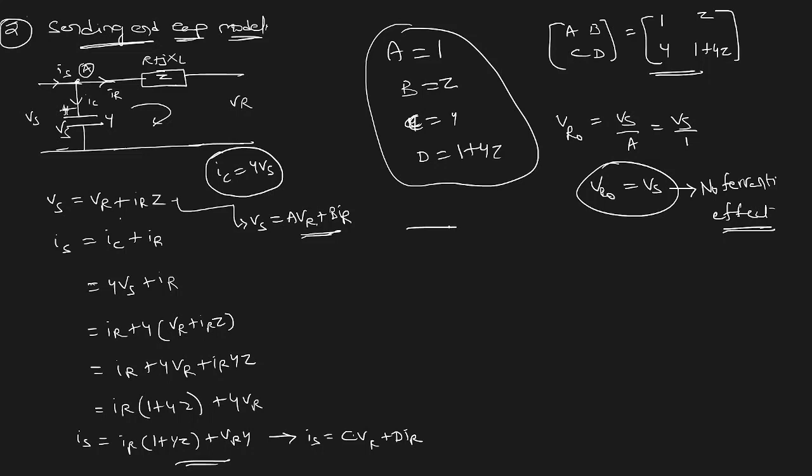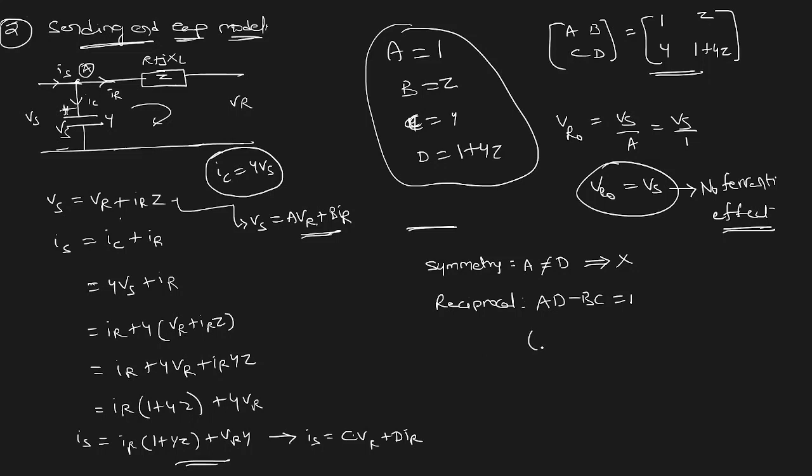Then for symmetry. The symmetry condition is A equal to D, and here A is not equal to D, therefore we can say this is not symmetric. And the second thing, reciprocity, whether the circuit is reciprocal or not: AD minus BC equal to 1.